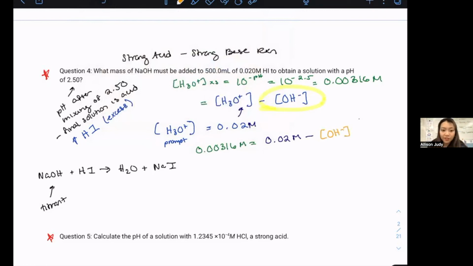And when I solve for this, I get that the OH concentration, the max amount of OH I can have in order to get the excess H3O plus or H plus in solution, is 0.0168.